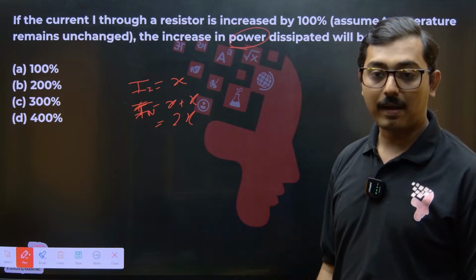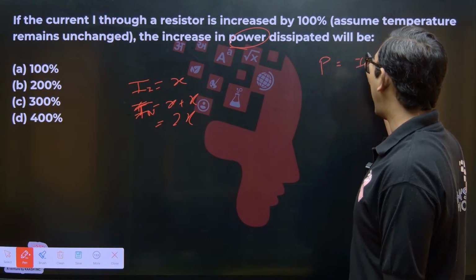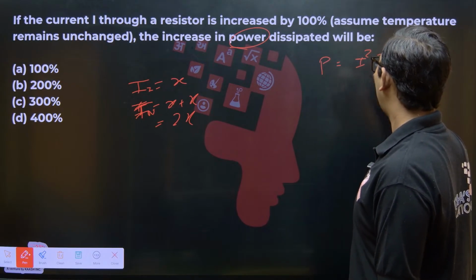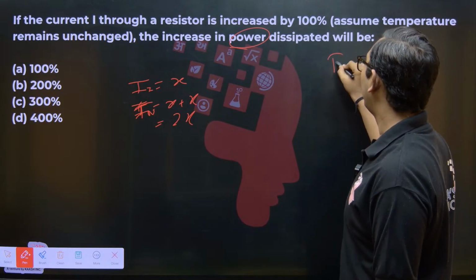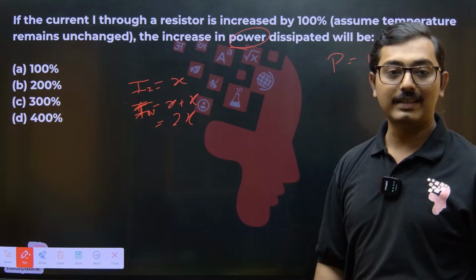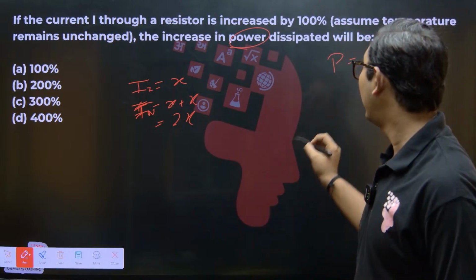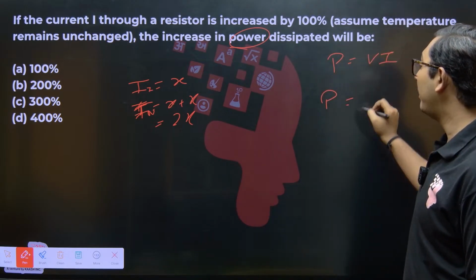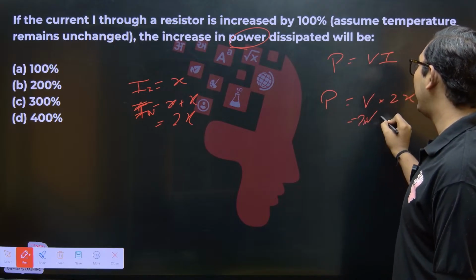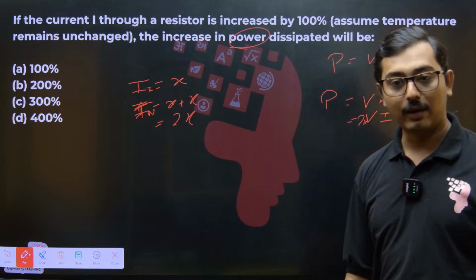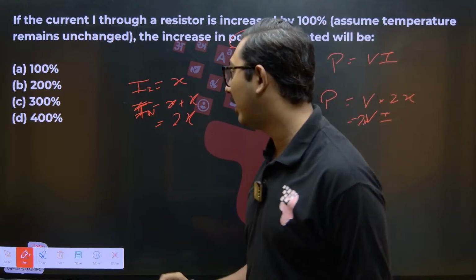For that, power is P is equal to VI. Now as P is equal to VI, we substitute and find the new power. New power will be equal to V into 2X. And I can say 2 times VI, because X is nothing but I only. So it is not 400%, it is going to be 200%.